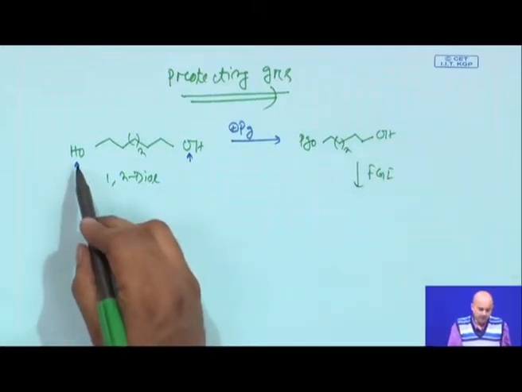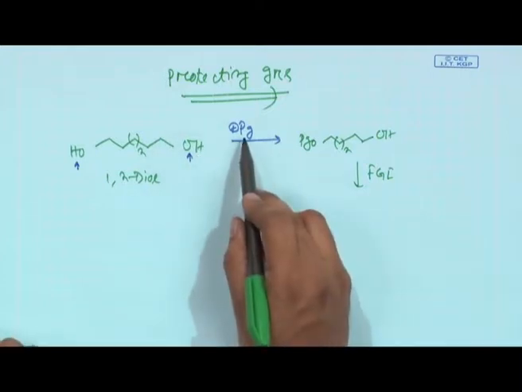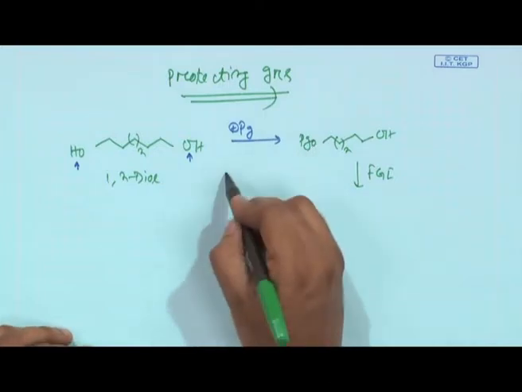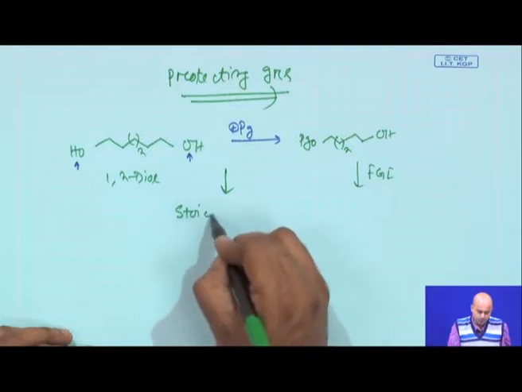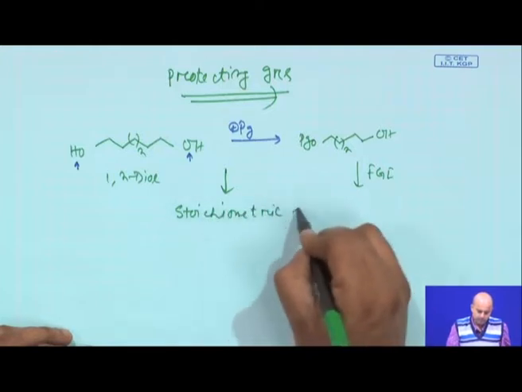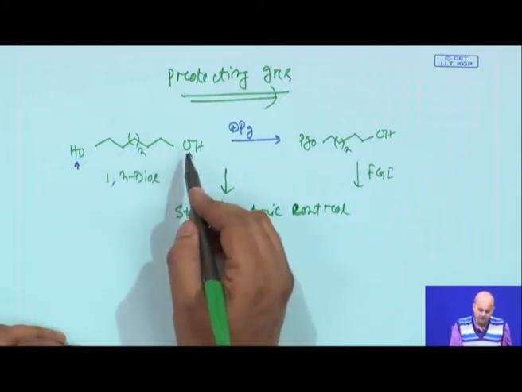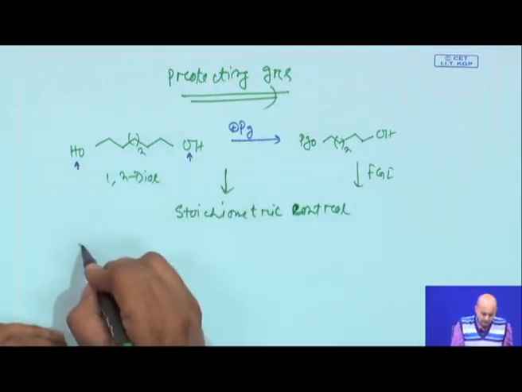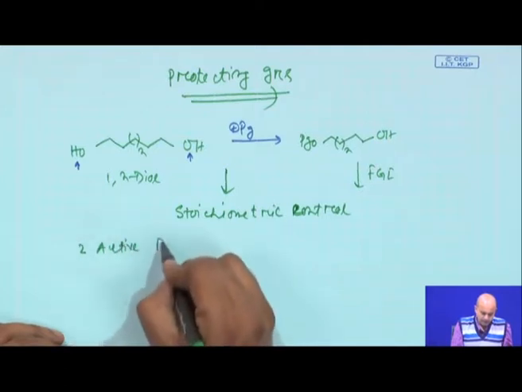Now, the point is both the groups are having equal reactivity, how can you selectively protect one functional group? Here basically you have to use stoichiometric control. Stoichiometric control means that as both the groups are equally reactive, you are having two active functional groups, two active FG.